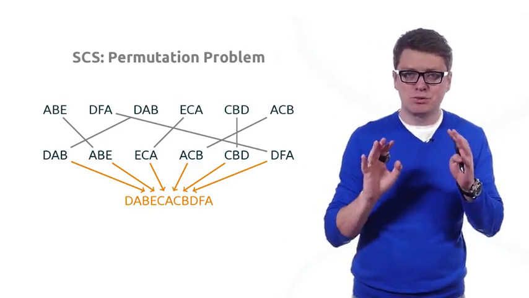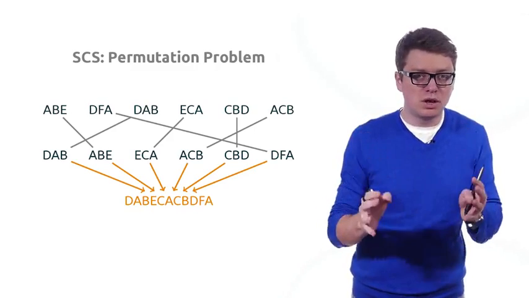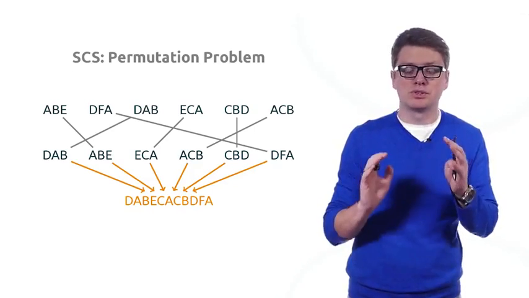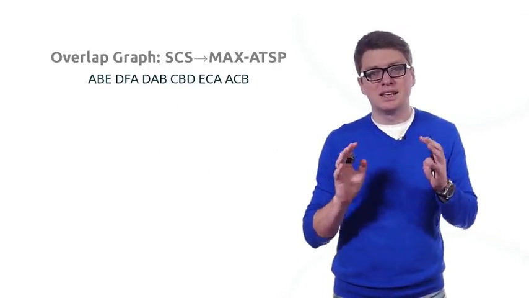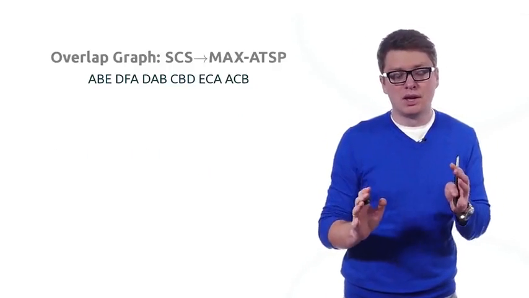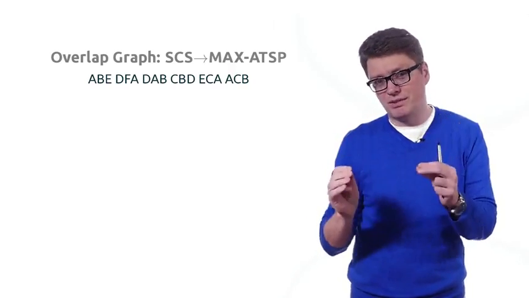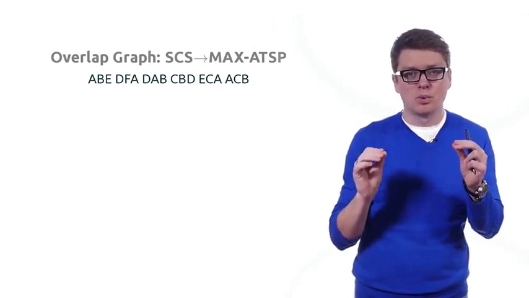So once again, this brings us to the idea that, though it was not obvious from the beginning, the shortest common superstring problem is actually a permutation problem. And this, in fact, allows us to reduce this problem to the traveling salesman problem, in which we are looking for a path of maximum weight.